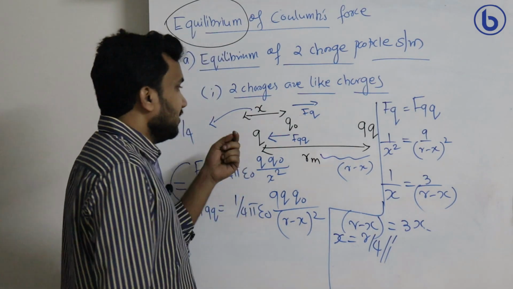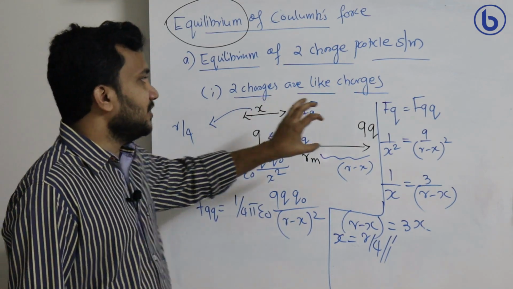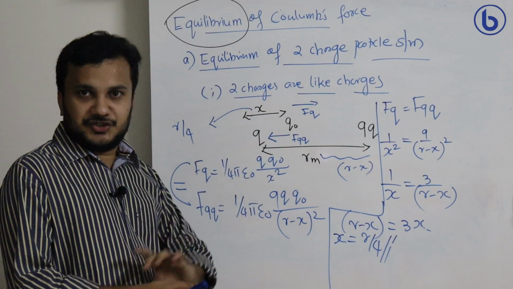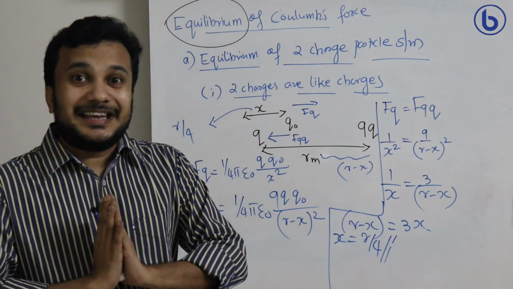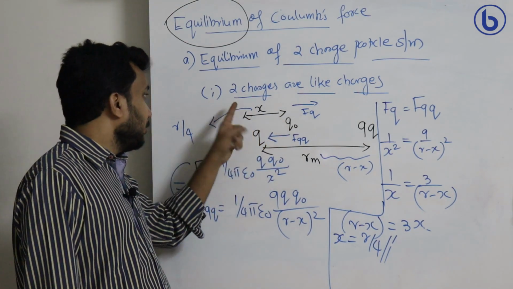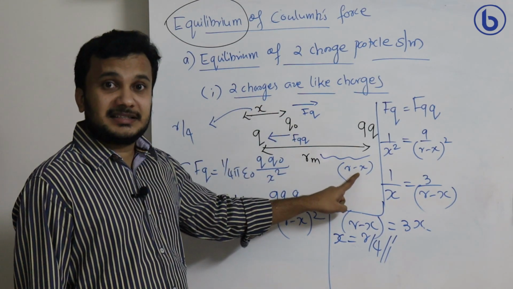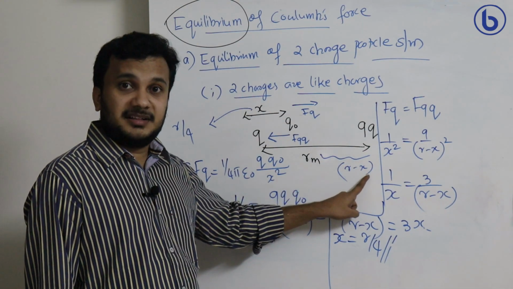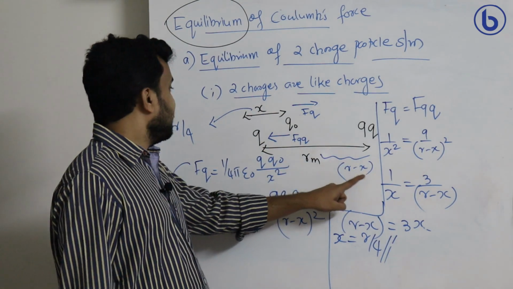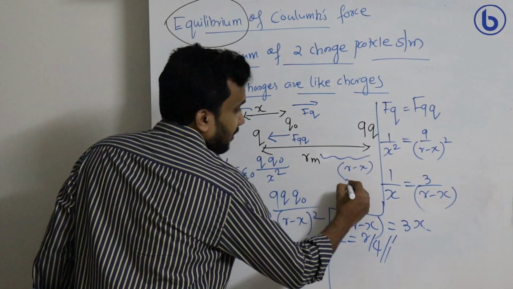Okay, here is one more important point we always have to remember. If you have two charges, one of lower magnitude and one of higher magnitude, and you are placing a charge which is going to be in equilibrium, then the position of the charge is always closer to the smaller charge. Here x is R by 4, so what is R minus R by 4?